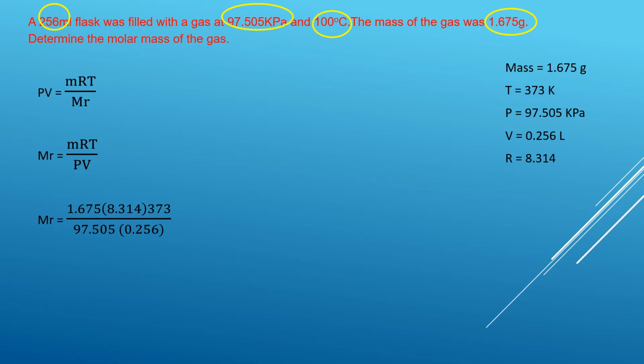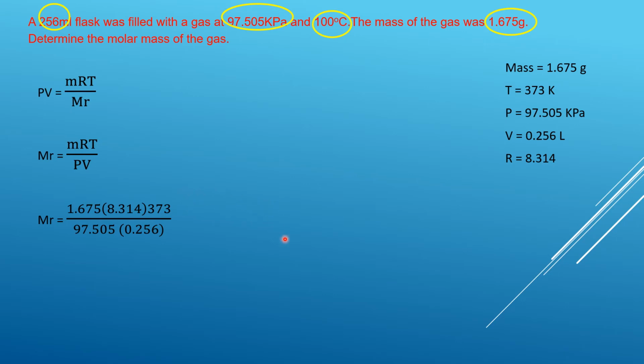Now at this point, students, it is very important that if you are doing the calculation at the numerator first, and you're going to write that answer down, then I suggest that you do not round off your answer, because if you do that, then your answer right to the end is going to differ. So 1.675 times 8.3134 times 373. If you multiply all these three together, do not round the answer off.